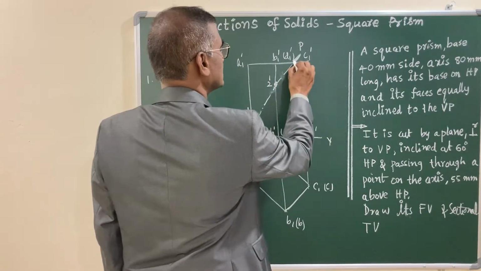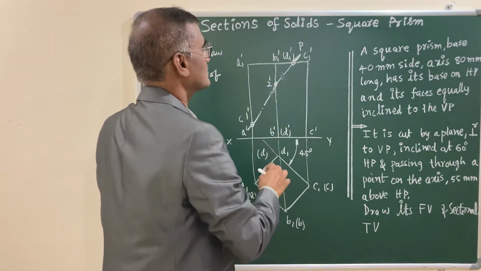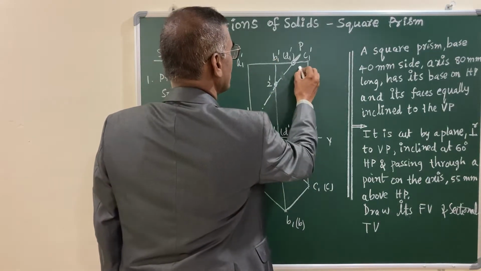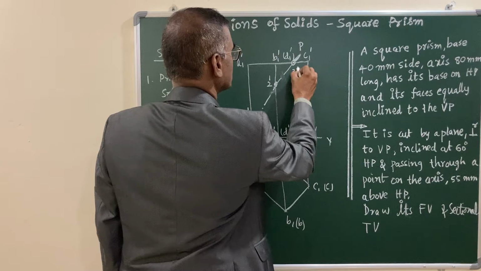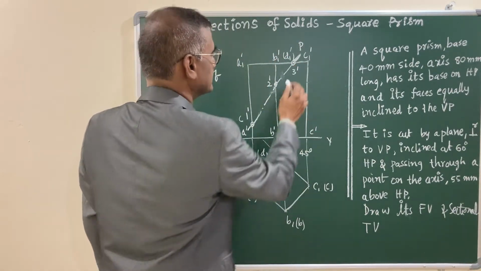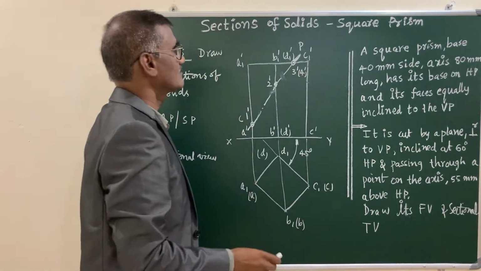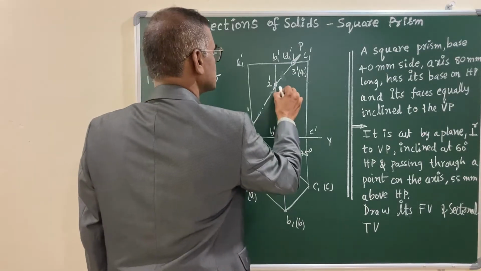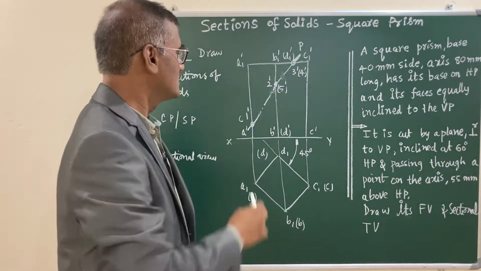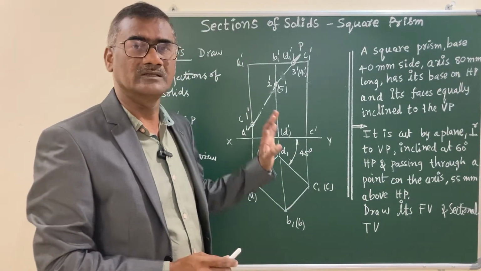And immediately proceeding to the other end, it cuts the top end face, that is BC. It cuts BC at point 3 prime, and it cuts the other end also, CD. So that I am keeping in parenthesis 4 prime. And after that, back of it, it is exactly 5 prime. I'm keeping in parenthesis because it's hidden. So you have all put together 5 points of intersection in the front view.